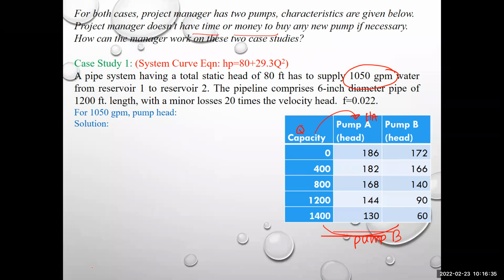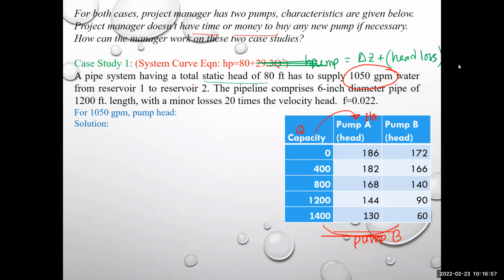The general expression for the system curve is H pump equals delta Z plus head loss, right? We know that. From the question statement, you already know the total static head is 80. So that's why it is 80 plus 29.3 Q squared.